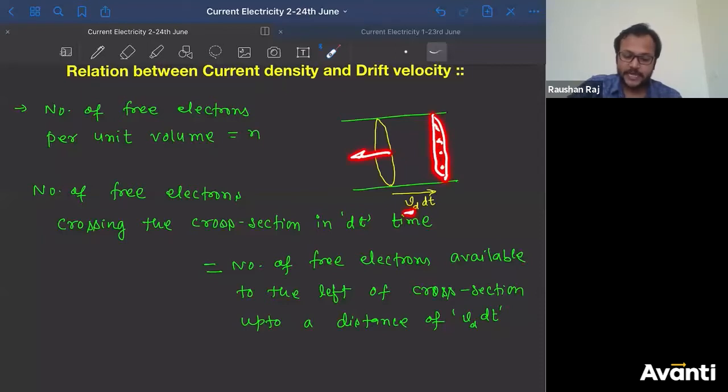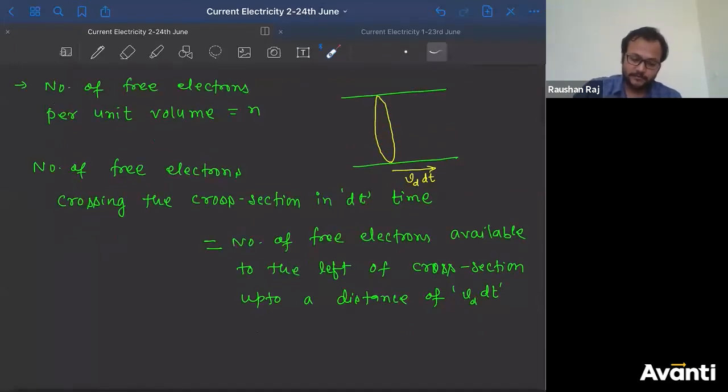So in dt time, all these electrons which lie in between these two cross sections will cross through this cross section. So I can easily say that the number of free electrons available to the left of the cross section up to a distance of Vd into t will be equal to the number of free electrons which will cross this cross section in dt time. Let me draw a cross section here as well.